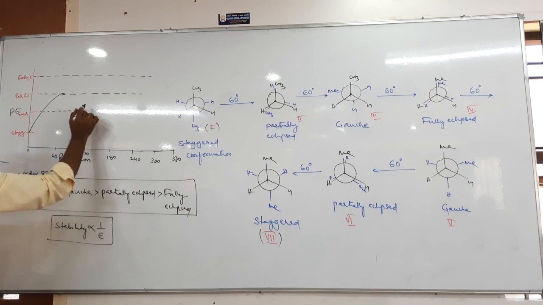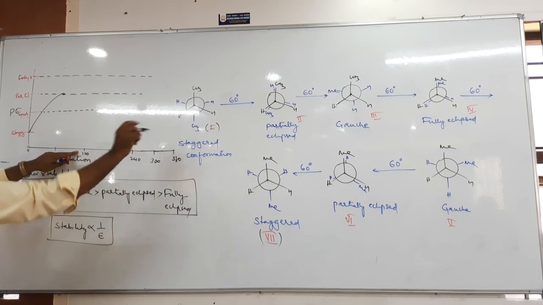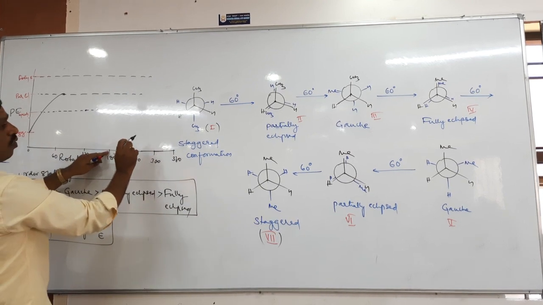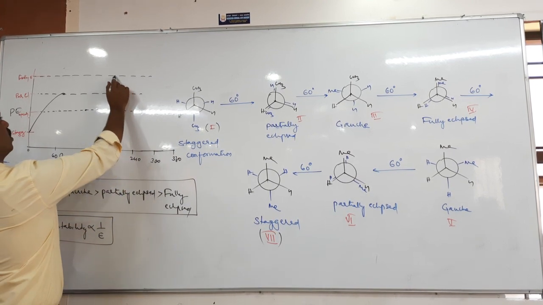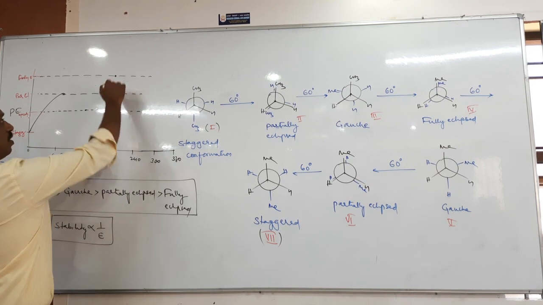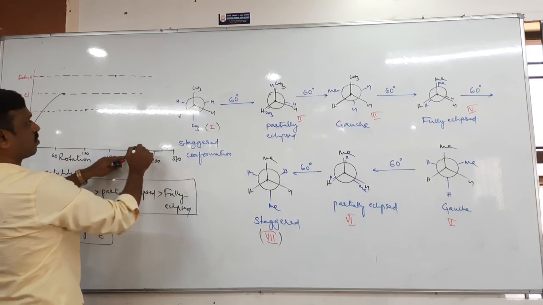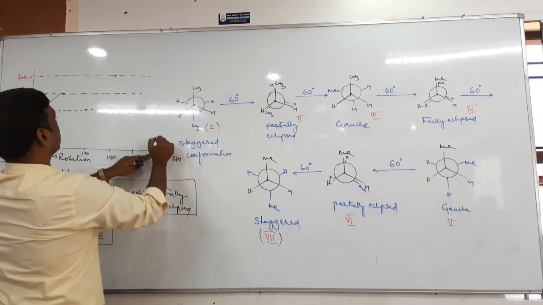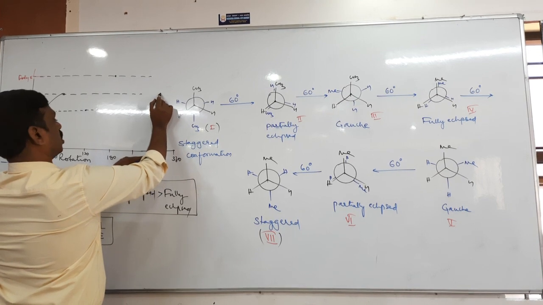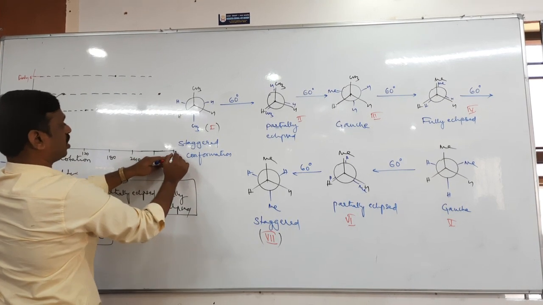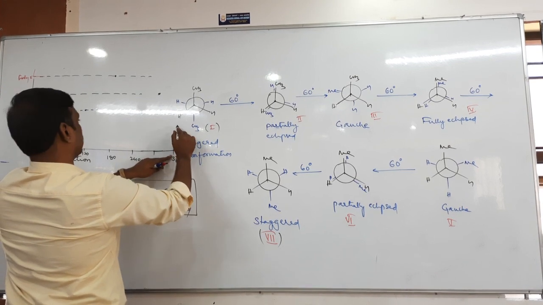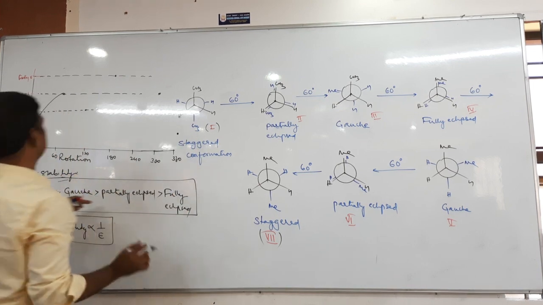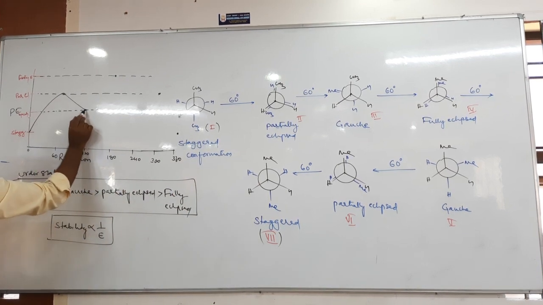Next, after partial eclipse, at 120 is gauche. After gauche, at 180 is fully eclipsed. Next, 240 is again gauche here. Next, 300 is partially eclipsed. At 360 it is staggered again. So now we can plot the graph like this.